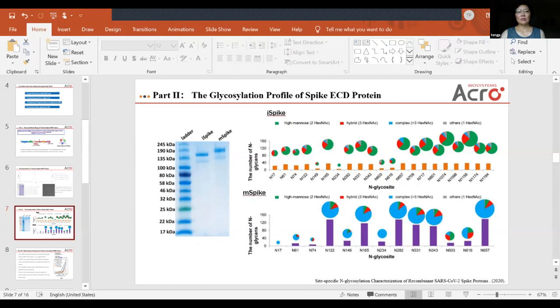From this gel, you can see the mammalian cell expressed spike protein has a higher molecular weight, implying that there will be a higher glycosylation, and these are the glycosylation profiles for those two different expression systems.